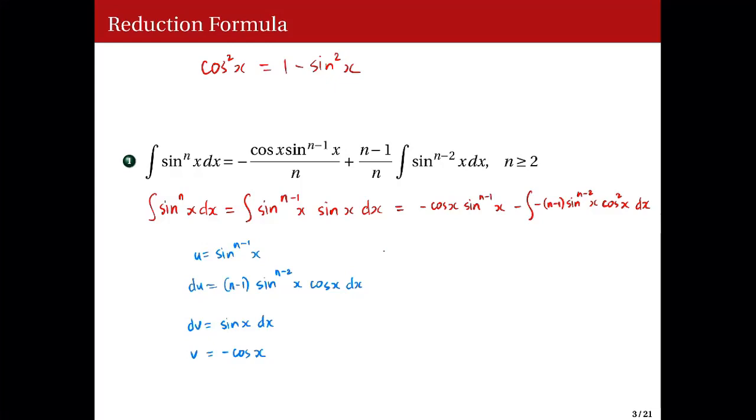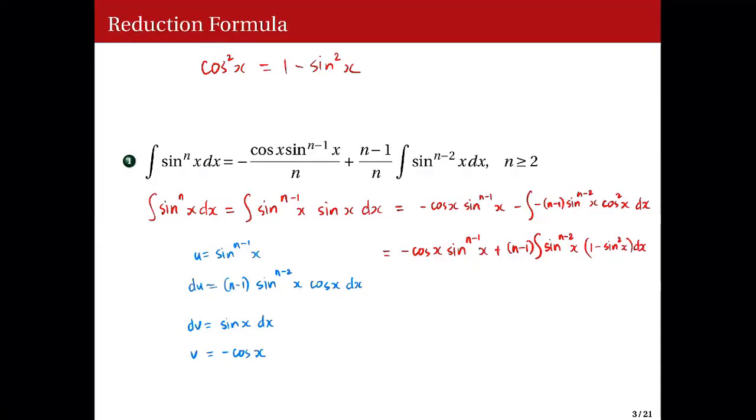In here we have negative cosine x sine raised to n minus 1 x. We have minus and minus, so that becomes plus. We have this n minus 1, which is just a constant, so the quantity n minus 1 times the integral of sine raised to n minus 2 x times 1 minus sine squared x dx.